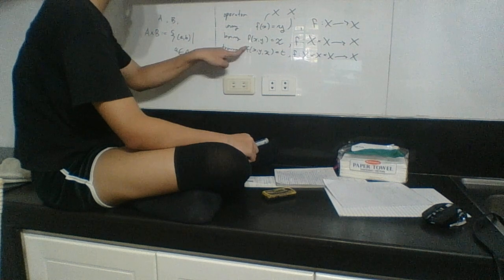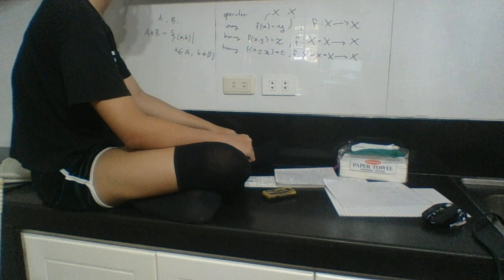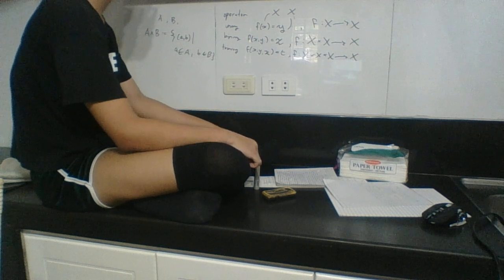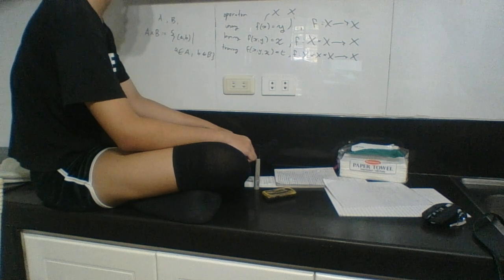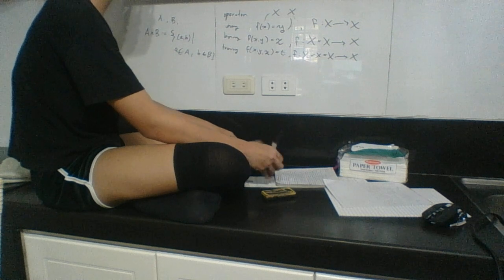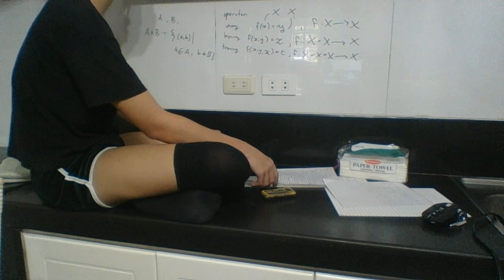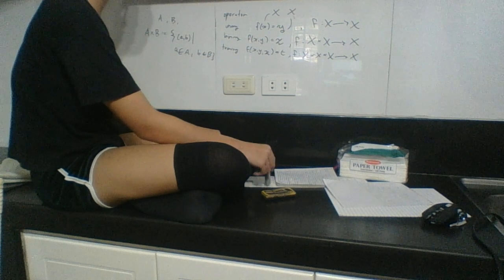An example of a binary operator, which is the most common one, and what we're going to be discussing in the definition of a group, is addition. Addition takes in two inputs, let's say 1 plus 2, and gives me an output which is 3. That's an example of a binary operator. Now we can define addition or multiplication as a trinary operator, like 1 plus 2 plus 3 gives me 6.